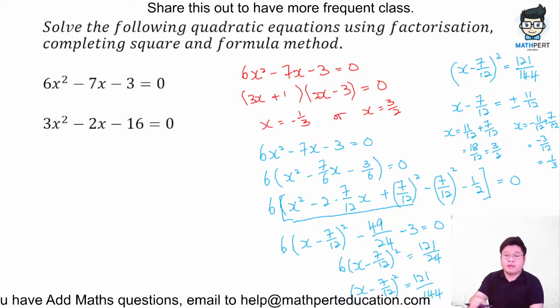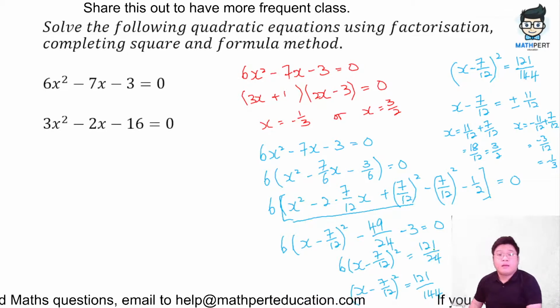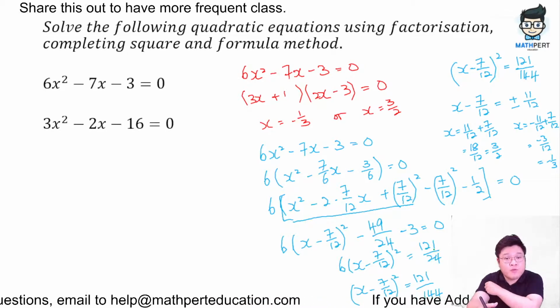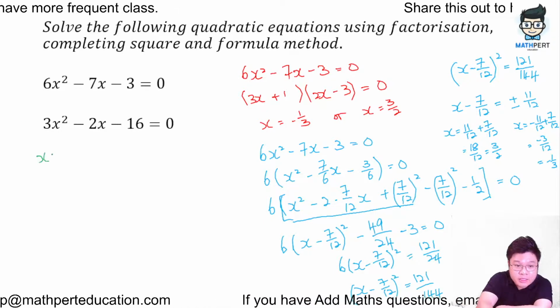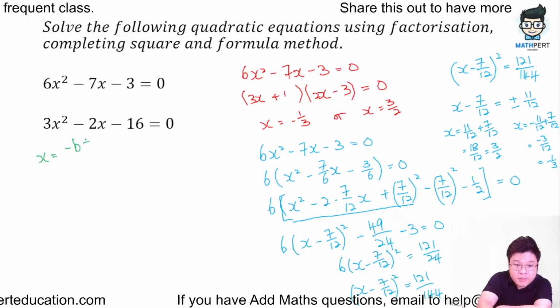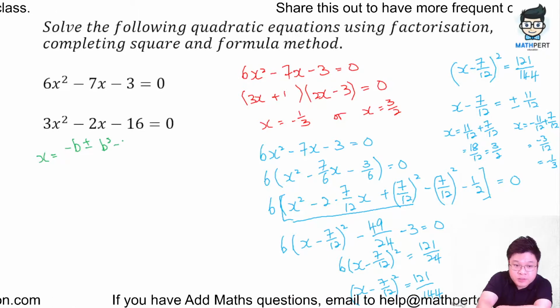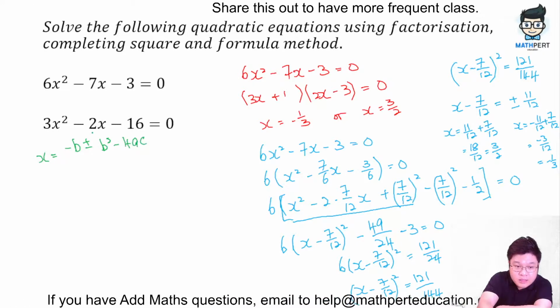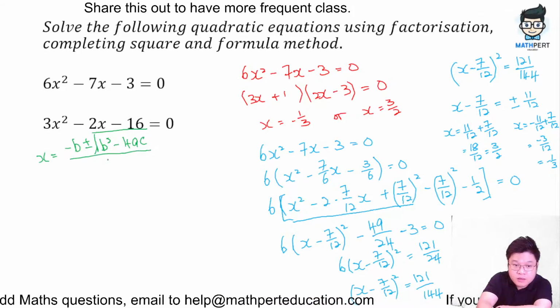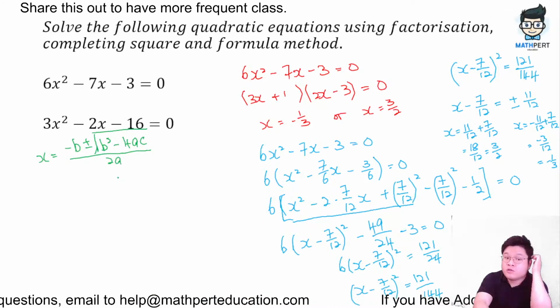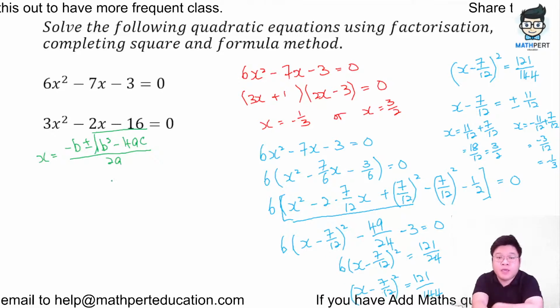Formula method: minus b plus minus square root of b squared minus 4ac, isn't it? So x equals to minus b plus minus square root of b squared minus 4ac, then you square root the whole thing over 2a. So you just substitute the values of a, b, and c.